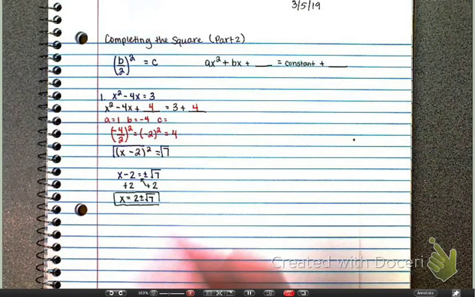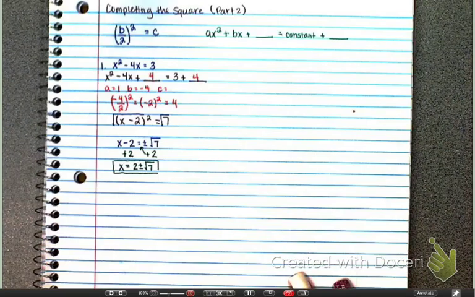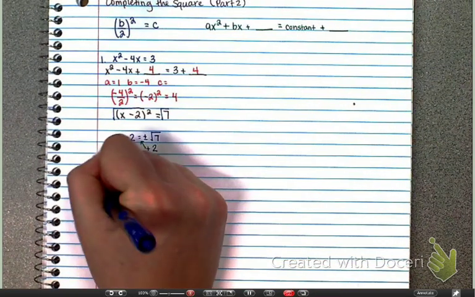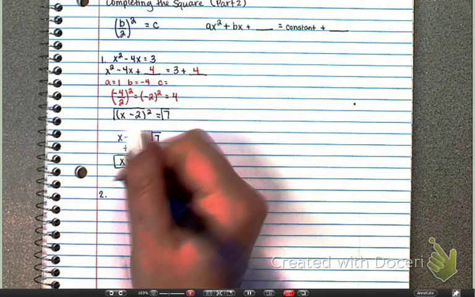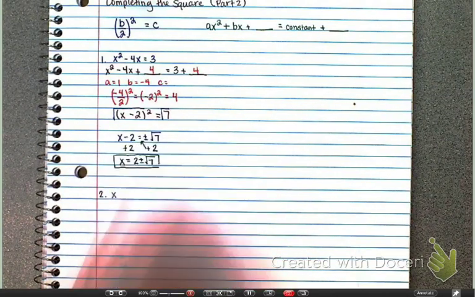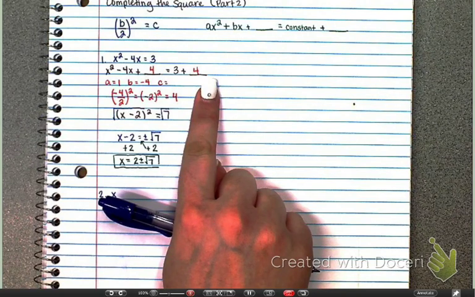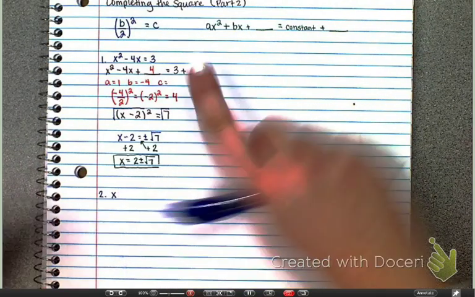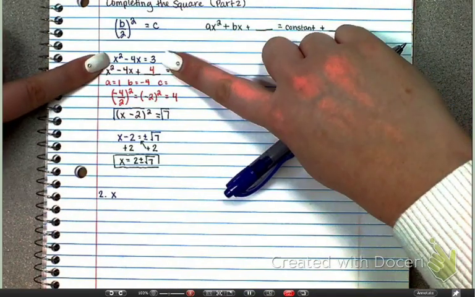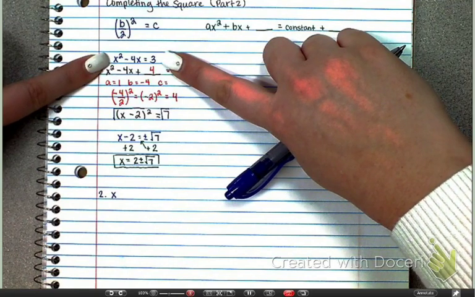Okay, so let's do another one together, and then I'm going to have you try one. Sound good? Okay. I'm going to write the blanks in for now, but know that they're not going to be given to you. You're going to get an equation like this, and you're going to have to do your own blanks. Does that make sense? Okay.